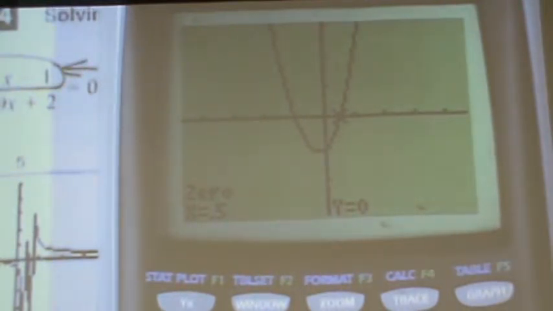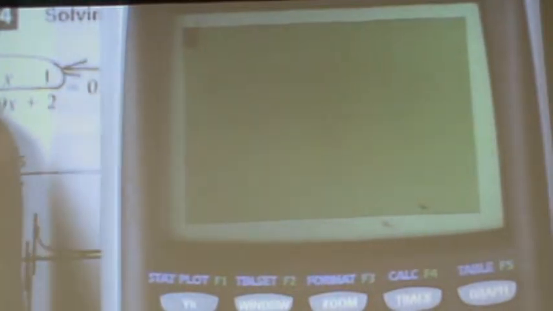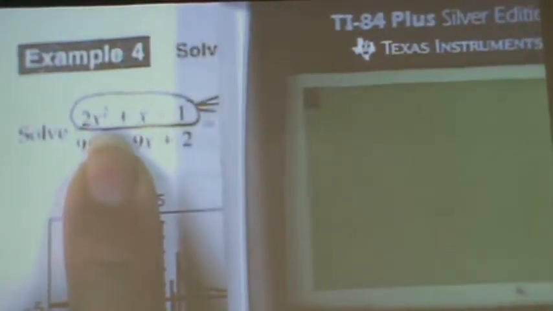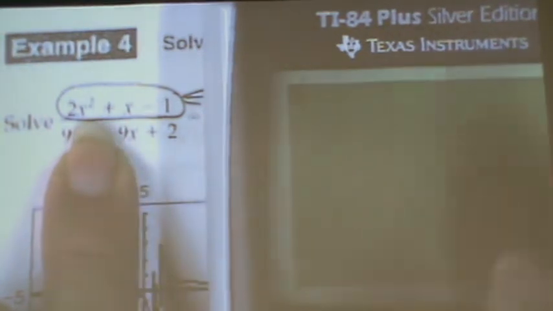Now here's a trick if you want to check your answer to see if it's right. Watch how easy this is. The answer I just got is 0.5, right? I'm going to clear my calculator. Just hit clear twice. Now right away, I want you to type this equation in a clean screen.